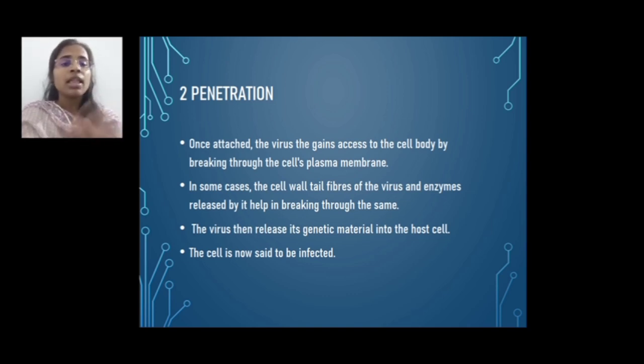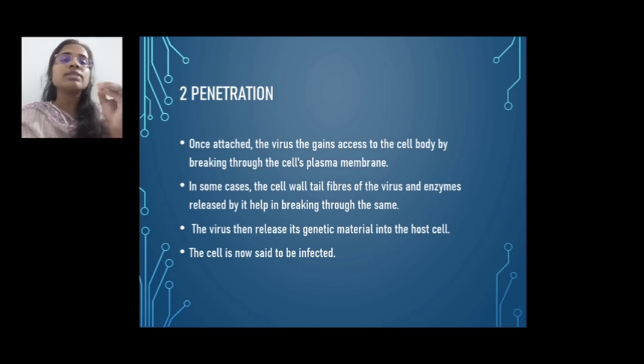The virus then releases its genetic material into the host cell. So finally the virus has released its genetic material into the host cell, for infecting the host cell or for the degradation of the host cell.